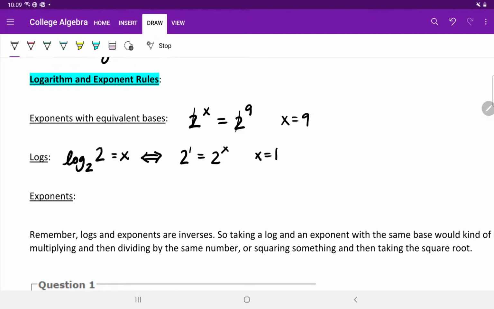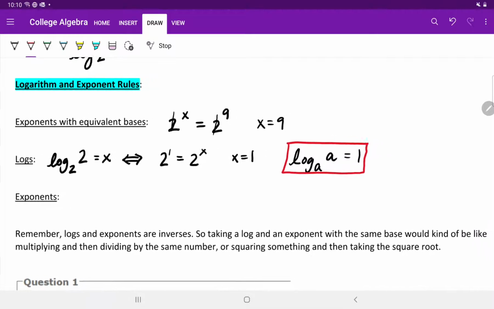What's happening here is log base 2 of 2 essentially cancels. And we can actually introduce a new rule. Log base a of a will cancel out and just be equal to 1. So this is a rule we're going to apply.